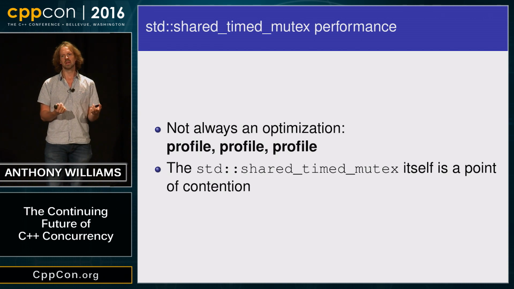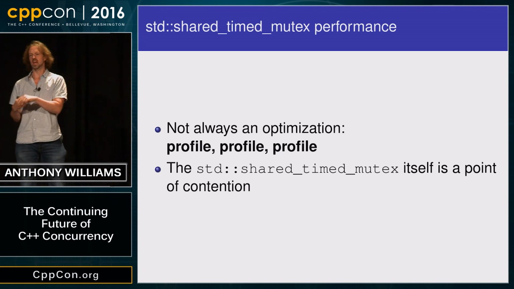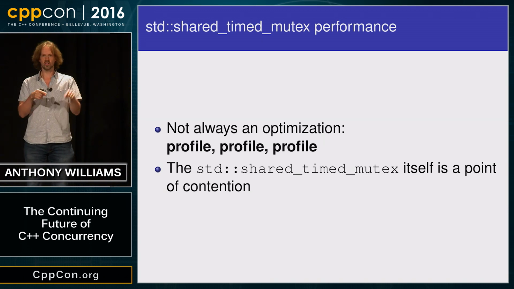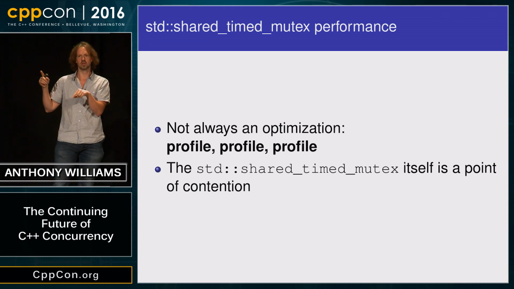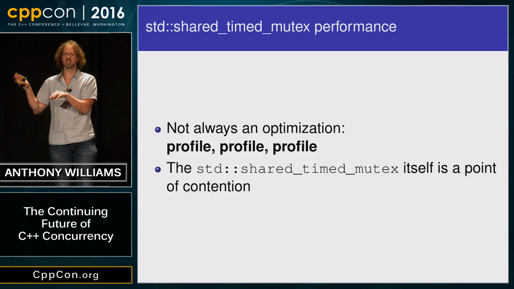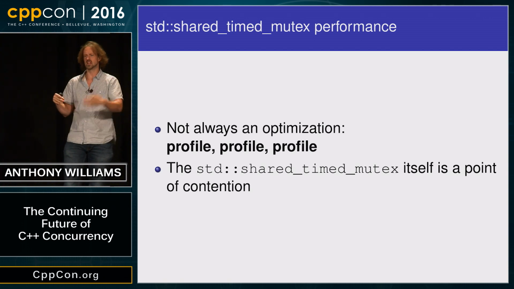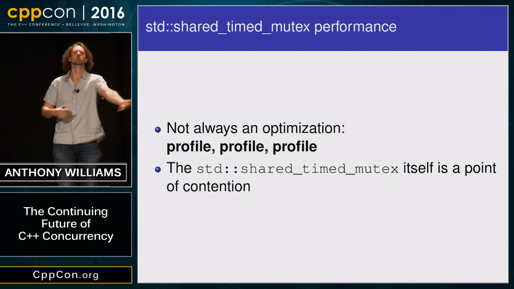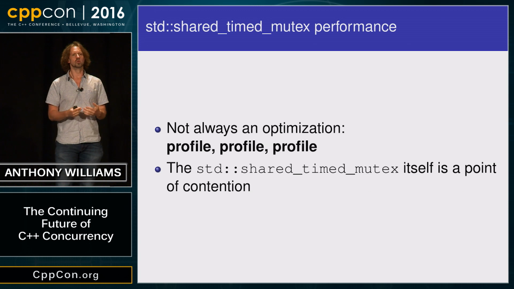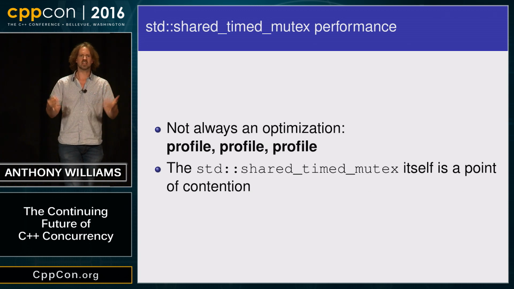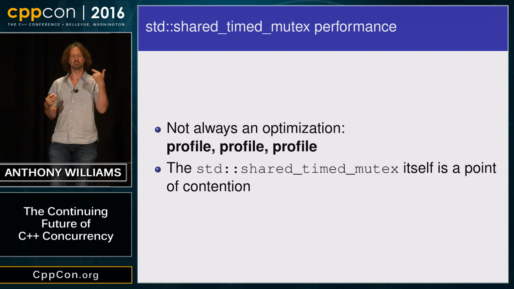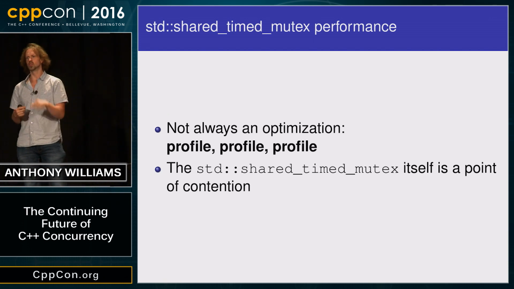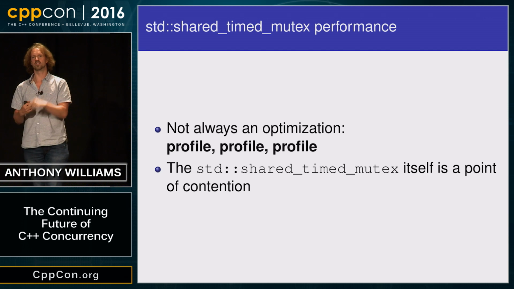But in order to keep track of all your readers, every time you acquire a read lock, you've actually got to update the mutex itself in some fashion to say, I've got another reader. And then when I'm done, you've got to say that reader's done now, so any exclusive lock people who are waiting can now take the lock. So there's actually still contention on the lock itself. So you need to profile to make sure that you are getting the optimization and the performance benefit you hoped you would.